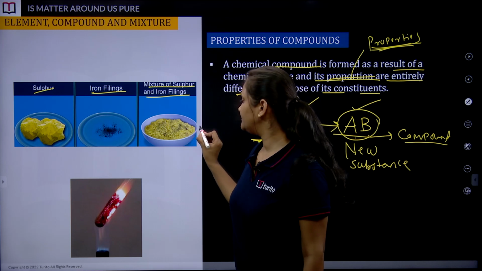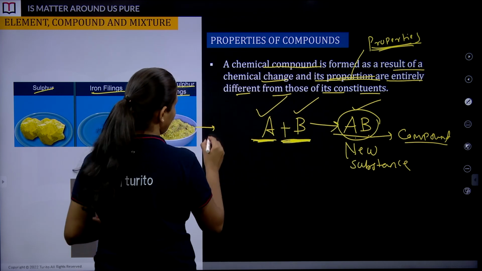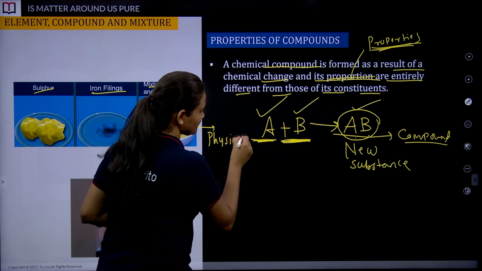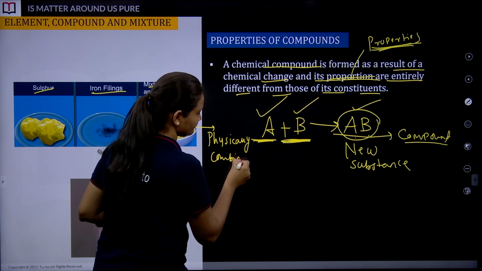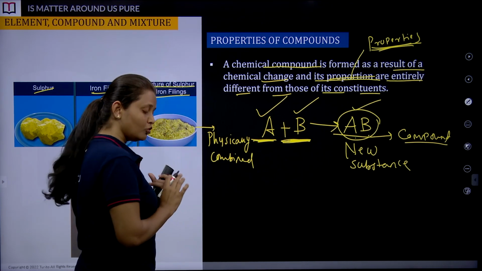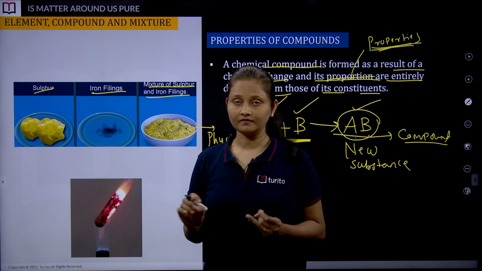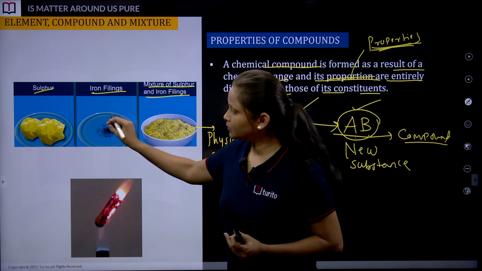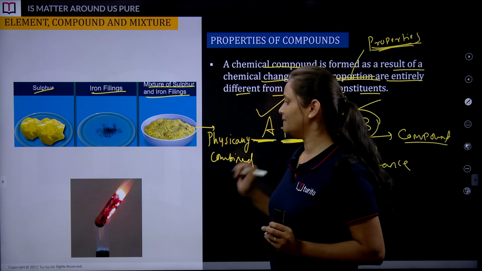Here is the term which I was talking about: they are physically combined. No new substance has formed. There is no reaction taking place. It's just two substances staying with each other. That's why the word physically combined.